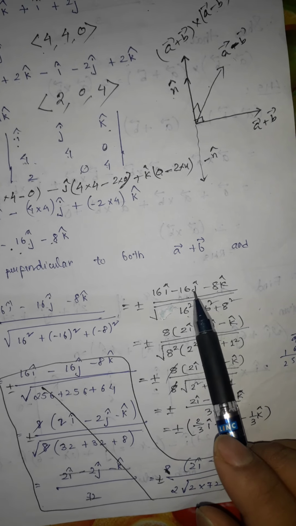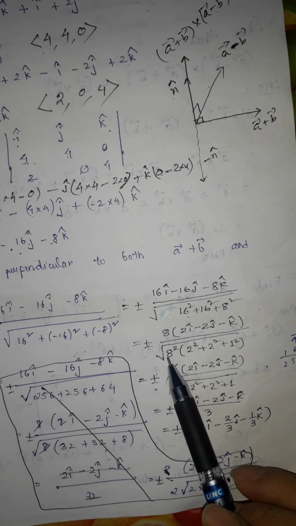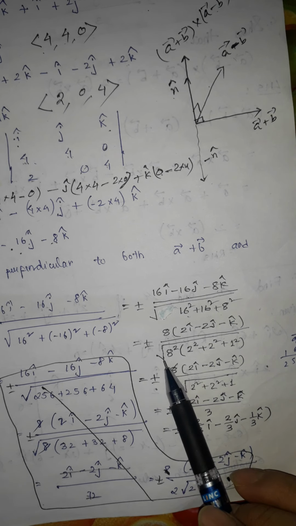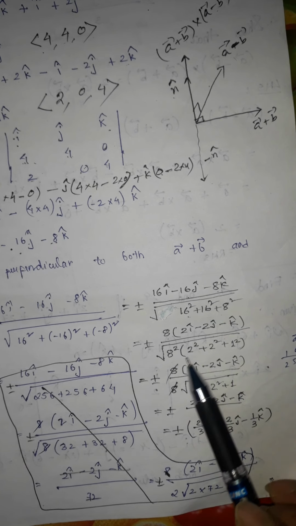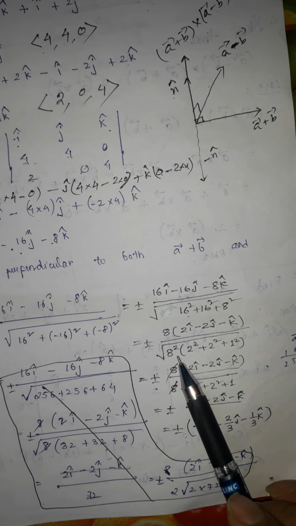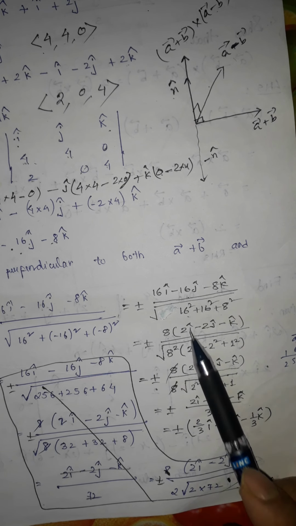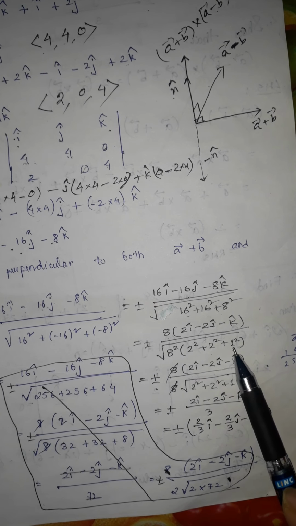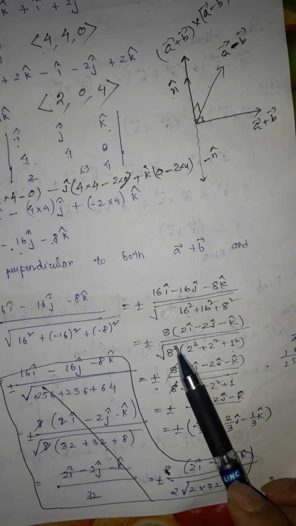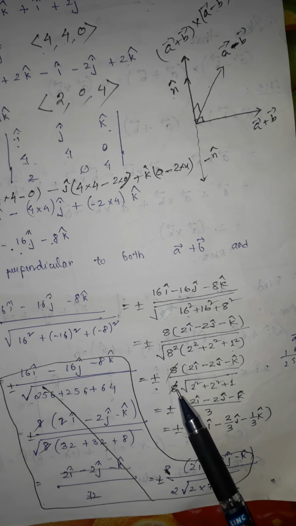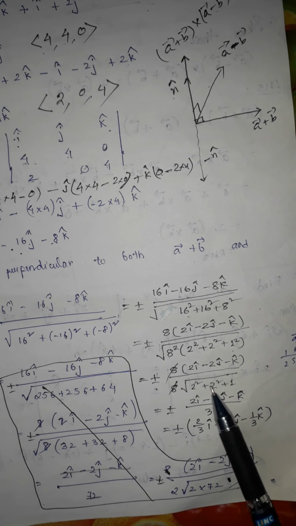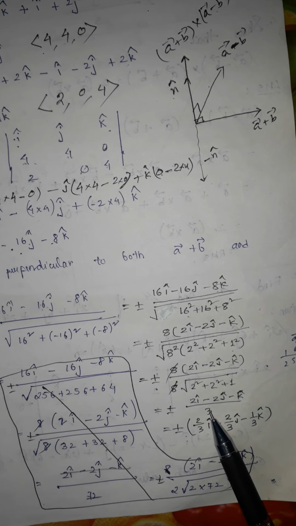From the numerator you take common 8. From the expression under the root you can take common 8 square, then 8 square whole into 2 square plus 2 square plus 1 square. The square root of 8 square is 8, so 8 and 8 cancel, root 9, the square root of 9 is 3.